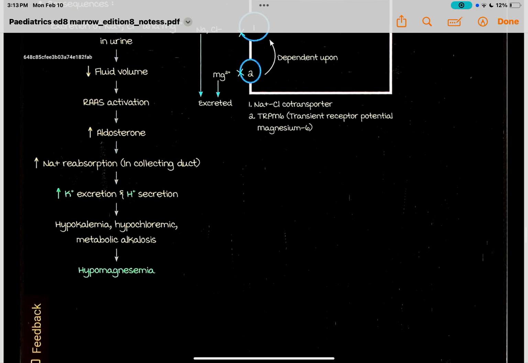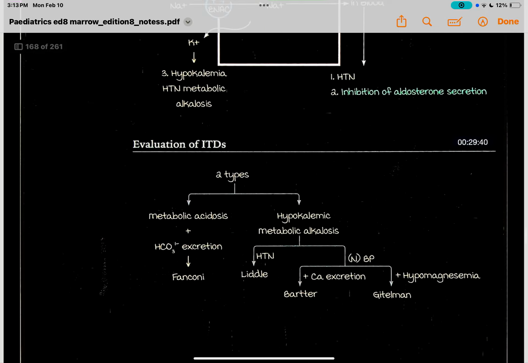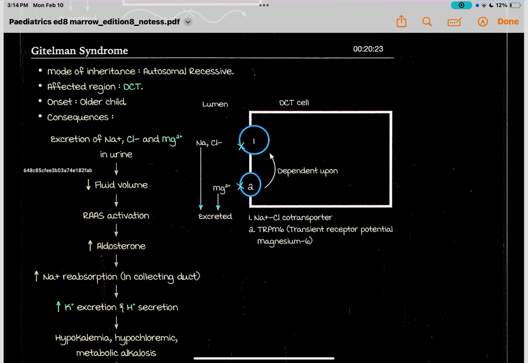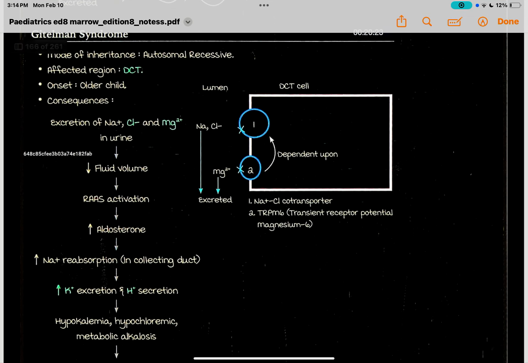Gitelman syndrome. Mode of inheritance is autosomal recessive.